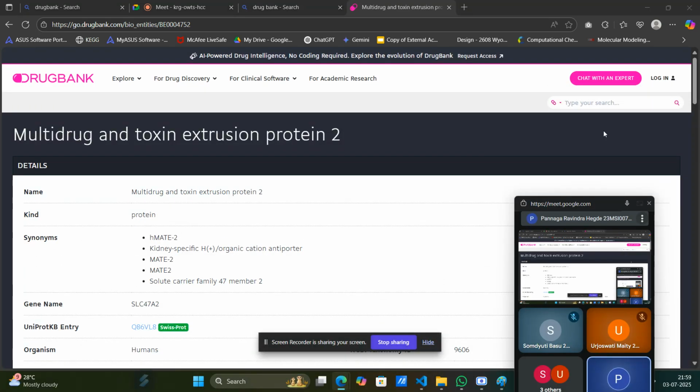Does anyone remember what the COX-2 target was for?